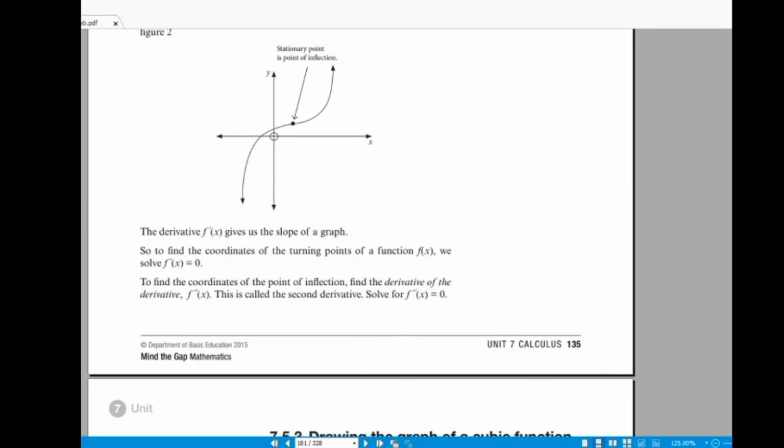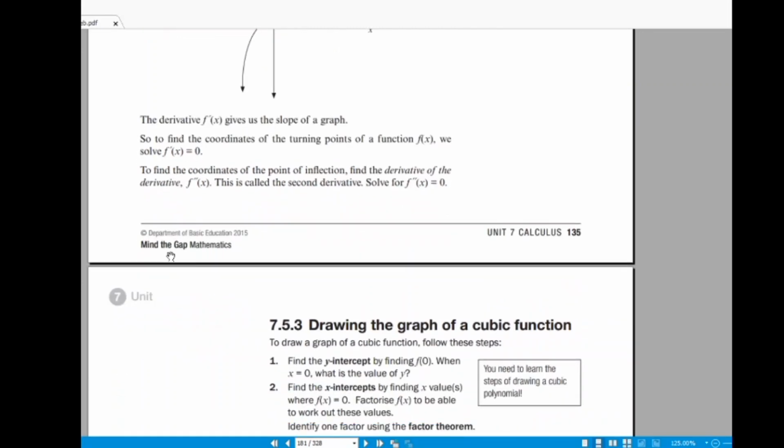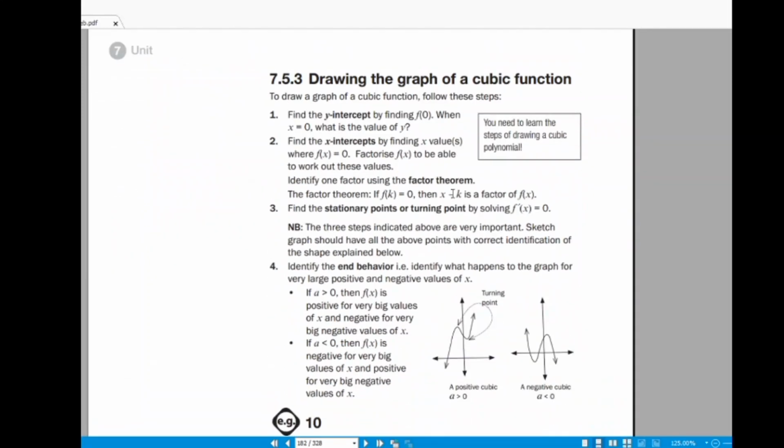The slope is the gradient. So to find the coordinates of the turning point of a function f of x, we solve for f prime x equals 0. Then to find the coordinates of a point of inflection, we find the derivative of the derivative, which is the second derivative, and then we solve for f double prime x equals 0, right?